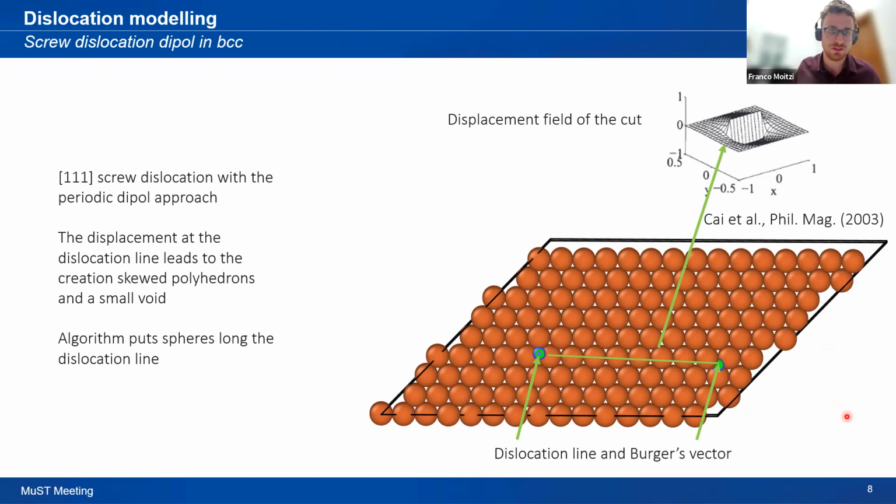This is generated by orienting this BCC surface in the 111 direction, and then, according to this cut, the atoms displace perpendicular to this plane. You can see something like that, and this creates the dislocations.